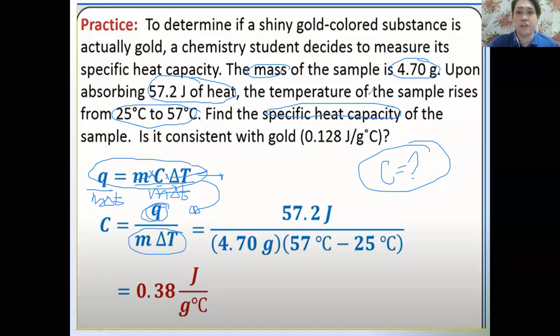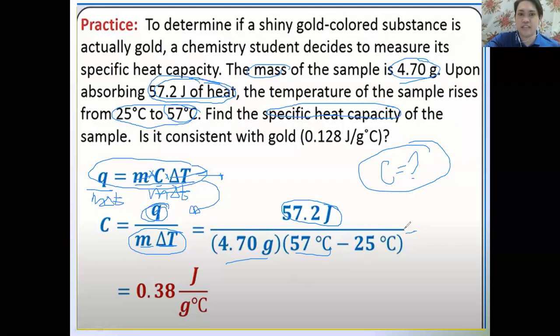What is your Q? Your Q is 52.2 joules. What is your mass? Your mass is 4.70 grams. And then next, we will get the change of T, or the increase in temperature, or the delta T. To get that one, we will subtract the final temperature, which is 57 degrees Celsius, minus 25 degrees Celsius.